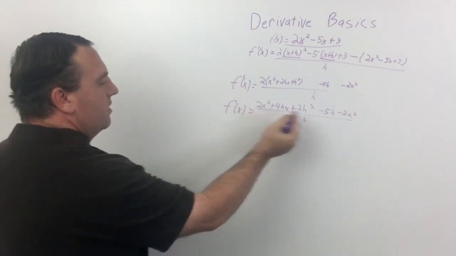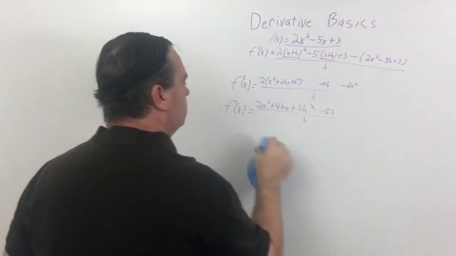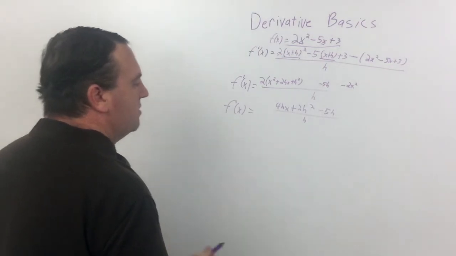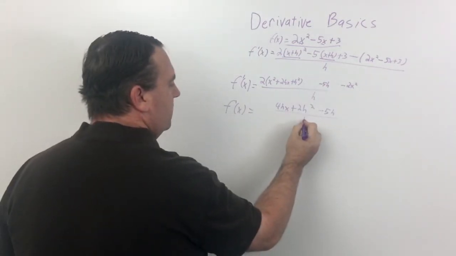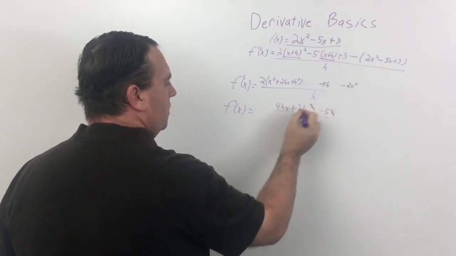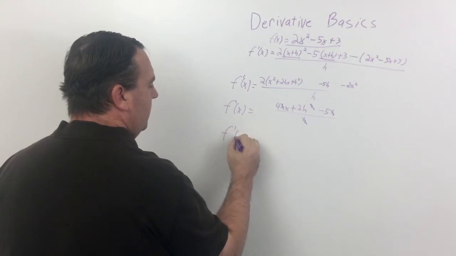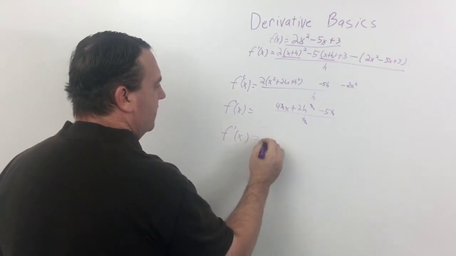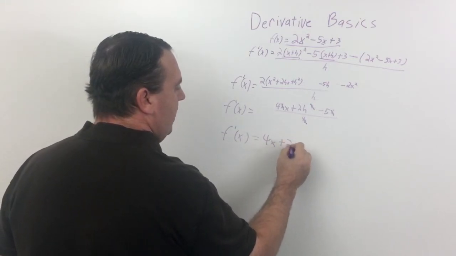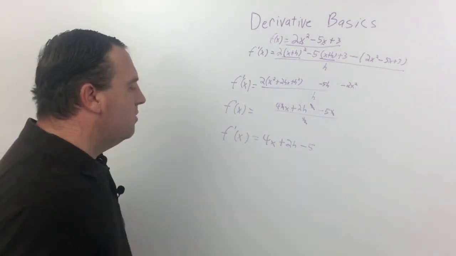Now these 2x squareds cancel each other out. And if we divide this whole thing by h, the final answer, I guess this isn't quite the final answer, is 4x plus 2h minus 5.